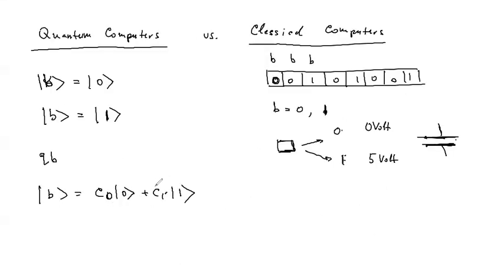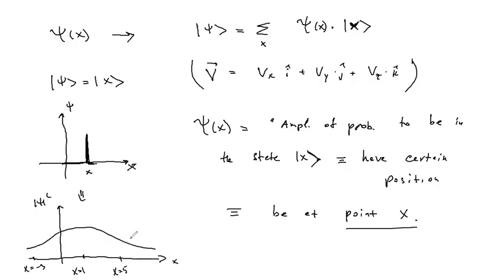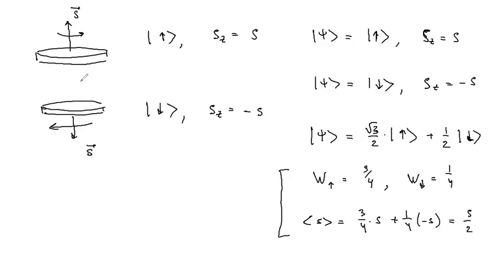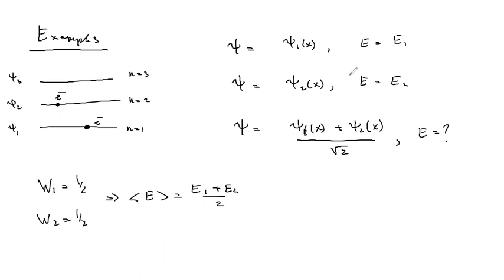Your quantum bit has two values at the same time with different probabilities. This is the same as for an electron to be in different positions. This is the same as for this disk to spin in both directions at the same time with different probabilities. Or for an electron to be at 2 levels or maybe at 3 levels, yes? So you can say, okay, maybe my wave function is a combination of 3.